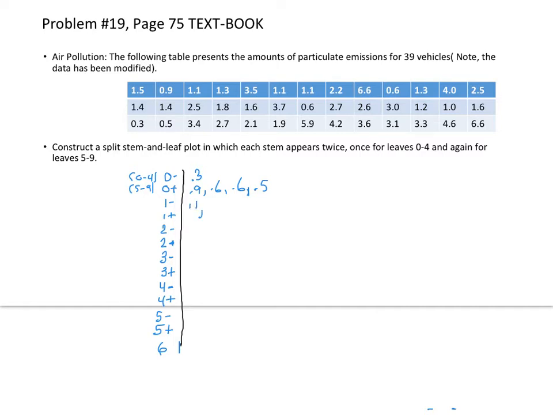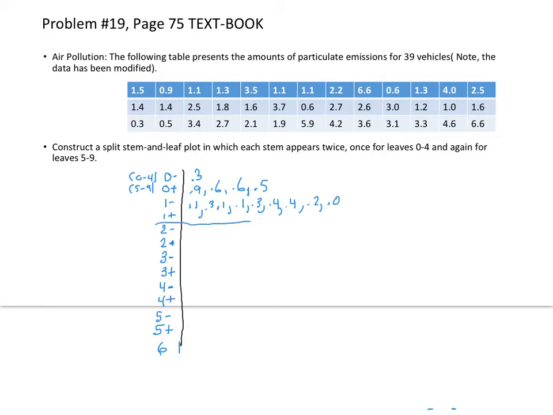0.1, 0.3, 0.1, 0.1, 0.3, 0.4, 0.4, 0.2, 0.0.